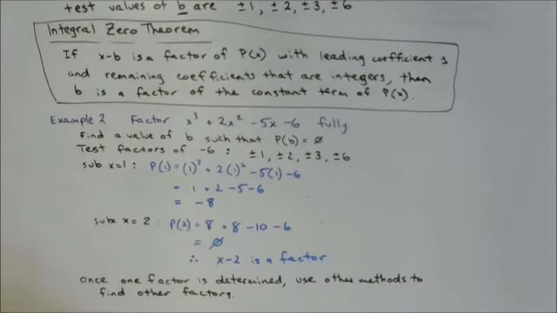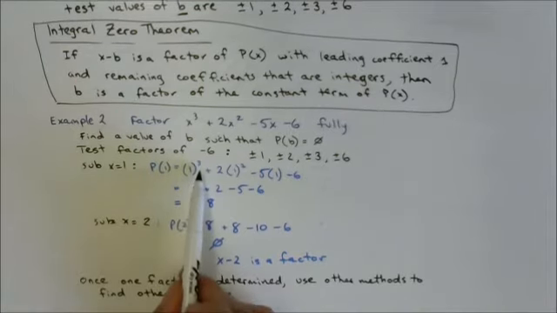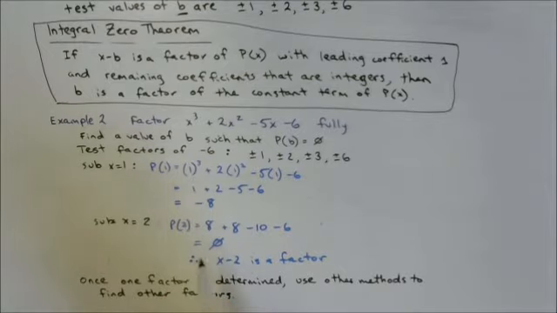Basically what we're saying is we're not going to keep testing these values. If it was a quartic or a quintic, then we might have to do this step all over again. But first we would have to divide it by x minus 2. Well, we wouldn't have to do this first, but it's easiest if you divide it by x minus 2 first, get a new polynomial, and then go from there. -3 and -1 are both zeros. So our factors are x minus 1, x plus 2, and x minus 3.